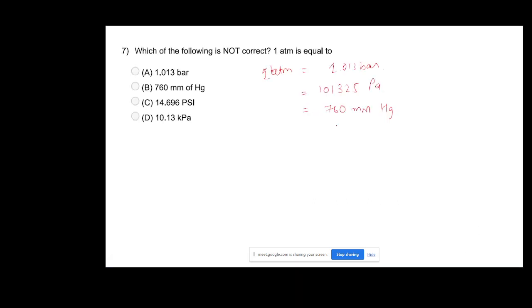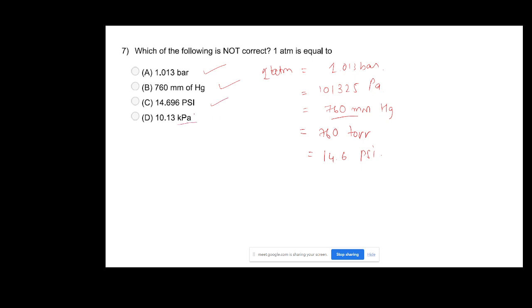So 1 atmosphere is also equals to 760 mmHg or 760 torr, or it can also be 14.6 psi. So these many conversions can be done. So here this is also correct, this is correct, this is correct.